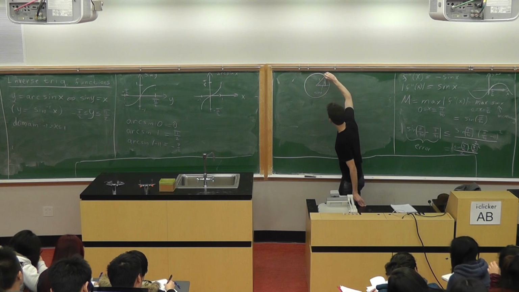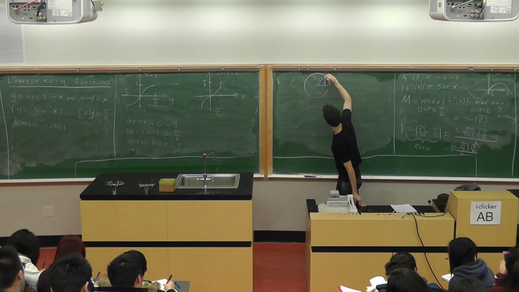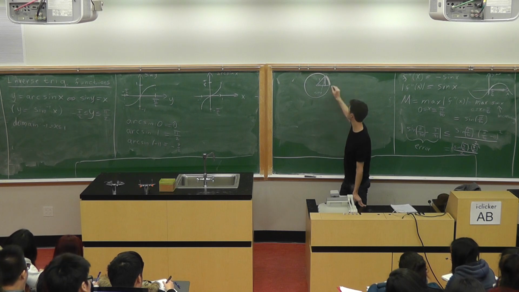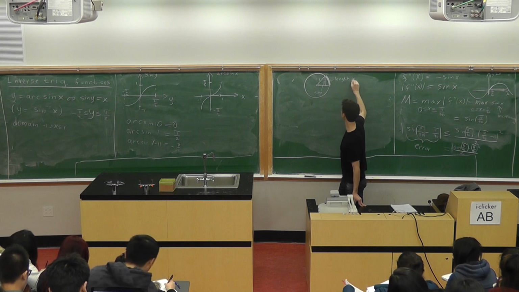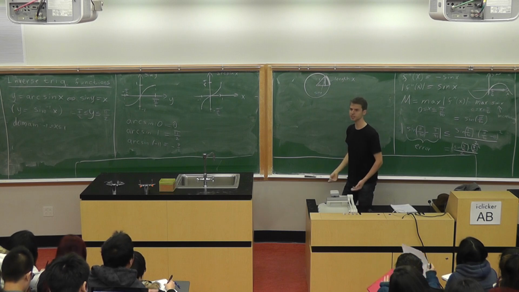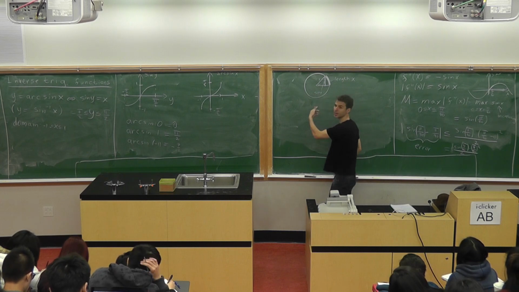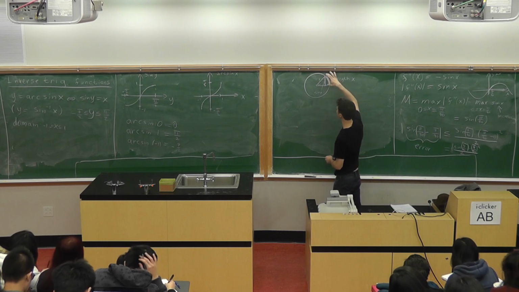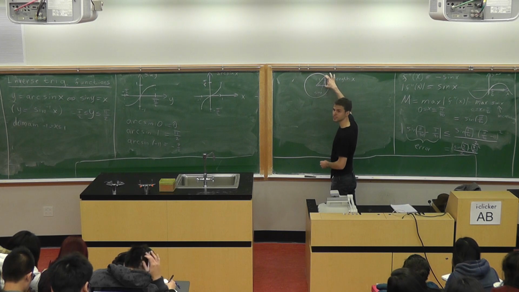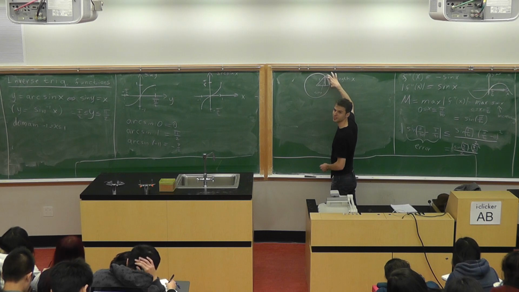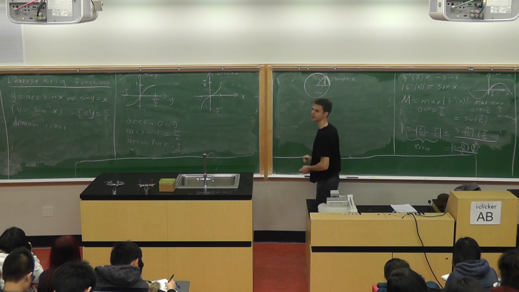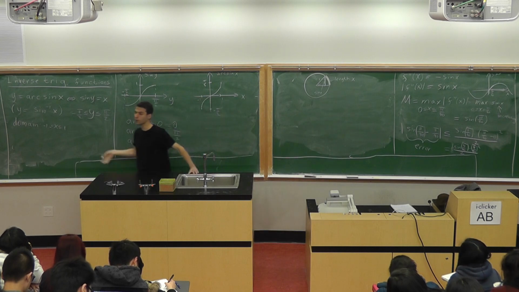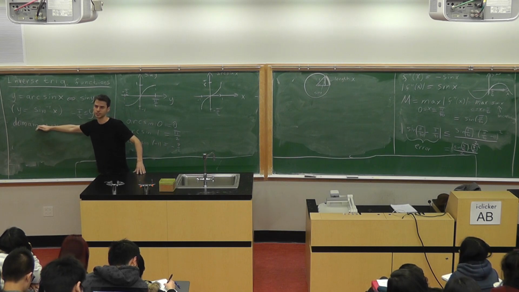But radians in this case is just the length of this arc. So this has length x. Sine is the operation of taking this arc and finding this length. Arc sine is the operation of taking this length and finding this arc. And that's where the arc comes from. It's finding the arc.